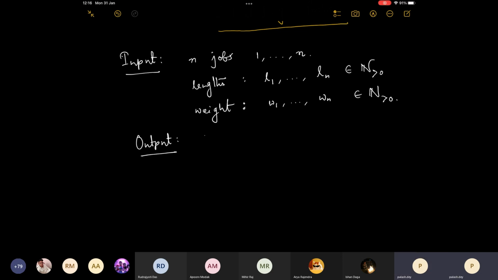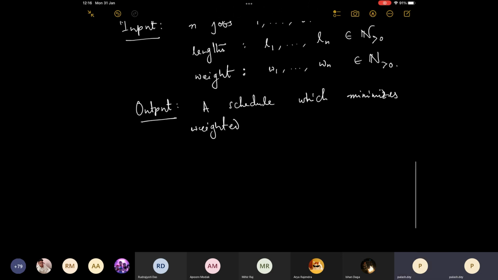The output is a schedule which minimizes the weighted sum of completion times.